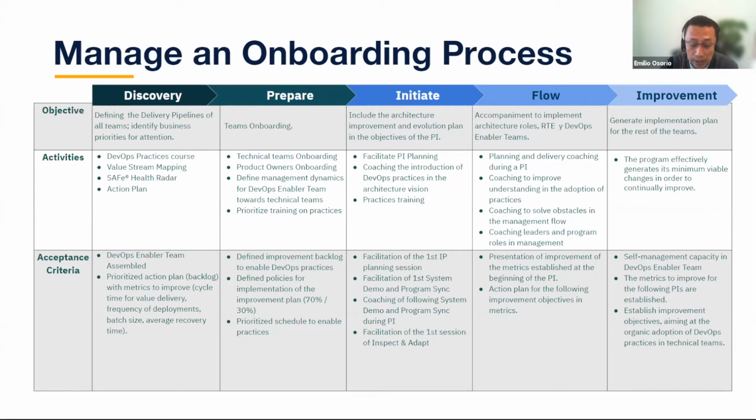The other thing is we shouldn't expect that teams go into DevOps in their day-to-day work without providing them the allocation of capacity to train themselves or to be trained by someone else. And also try to propose these specific enablers of activities they need to do. So the preparation phase is essentially having that map, having that practice training so they can begin implementing, and then you need to initiate that.